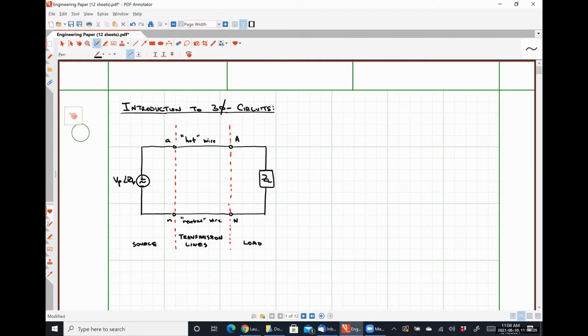The neutral wire serves as our reference in a single phase system. And in a practical single phase system, it might be connected to earth ground at some other stage in the system, but it may not, that connection to earth ground isn't part of what's going on.